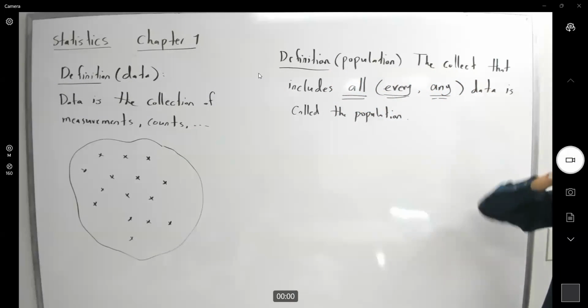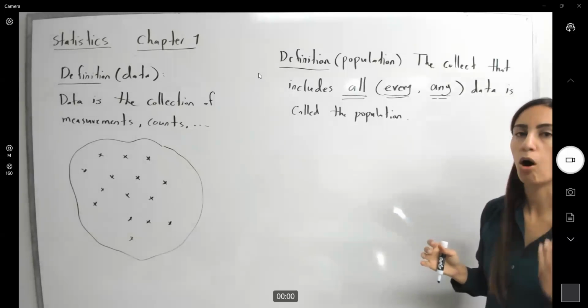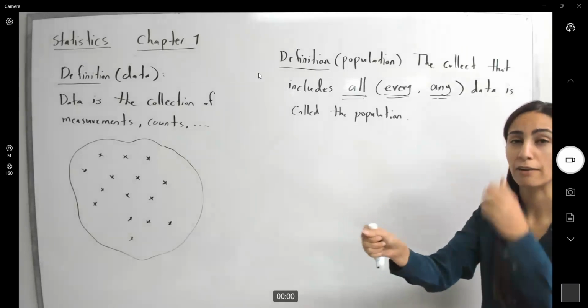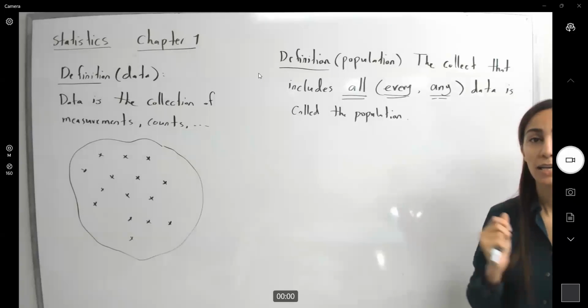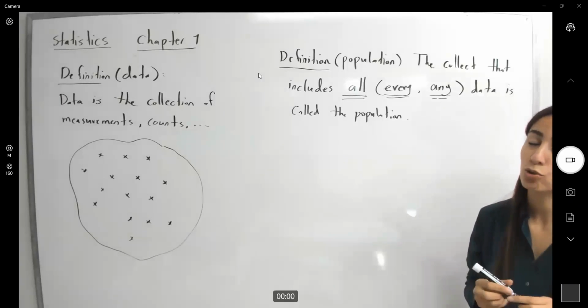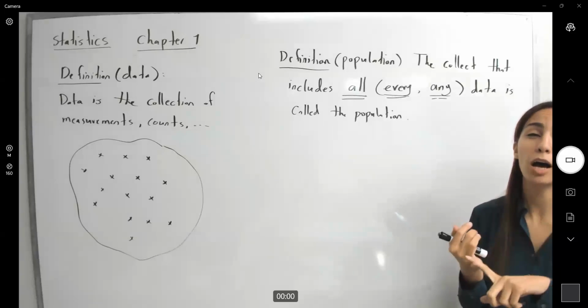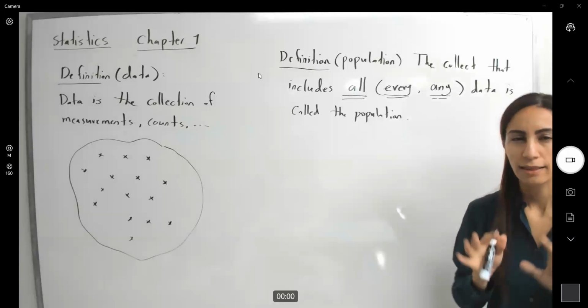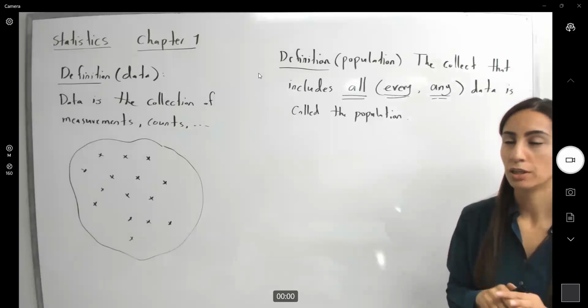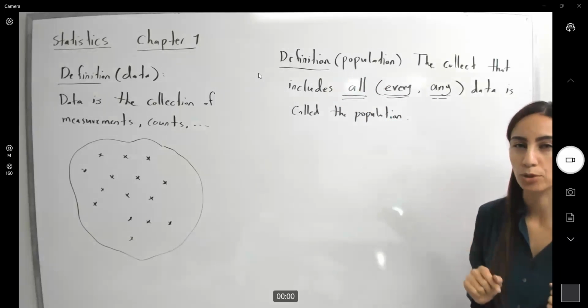Remember that. When we work with populations, since we have to collect data from every member, it usually takes time, energy, and a lot of resources. That's why we try to avoid working with populations.